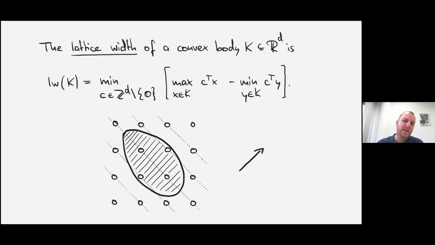This is not the Euclidean width with respect to that vector. You don't rescale that vector anywhere. It more corresponds to really counting these lattice hyperplanes. For instance, if this is your convex body and this is your direction, let's say it's the (1,1) vector, then the width will be a bit more than 2.